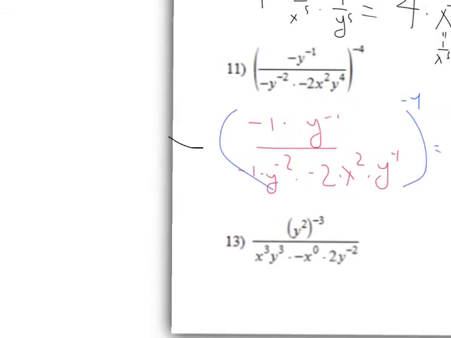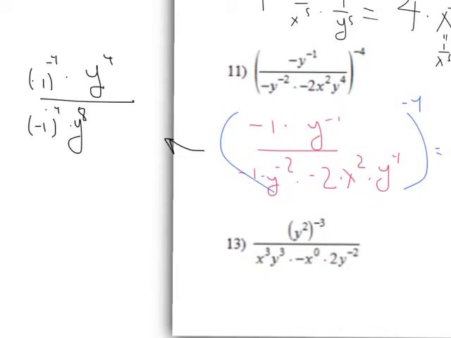So this will be negative 1 to the negative 4th times y to the 4th over negative 1 to the negative 4th times y to the 8th times negative 2 to the negative 4th times x to the negative 8th times y to the negative 16th.